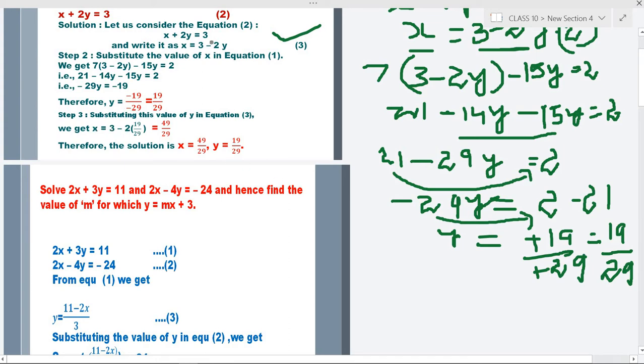You look over here. X is equal to 3 minus 2 into 19 by 29. And that is equal to 49 by 29. How did we arrive at this? Then I'll tell you.